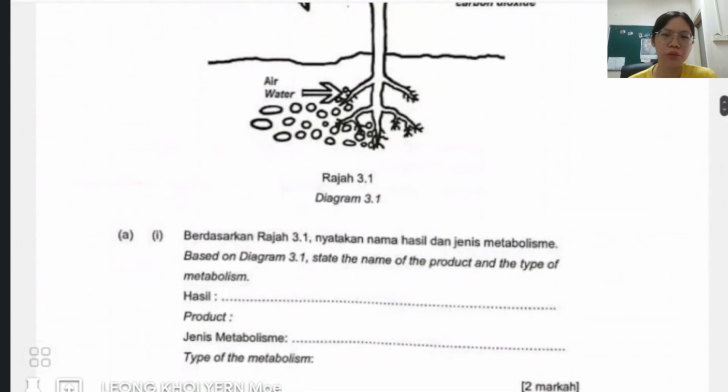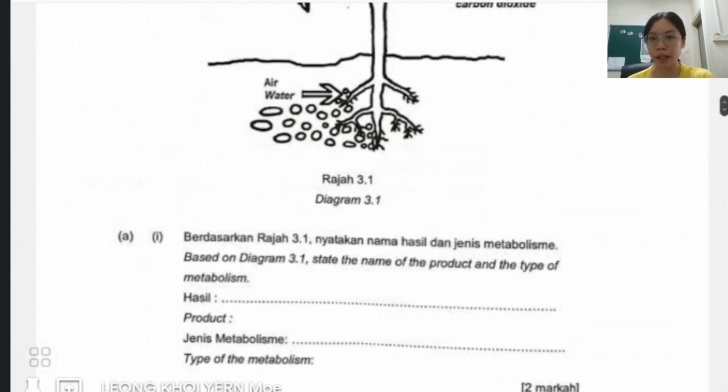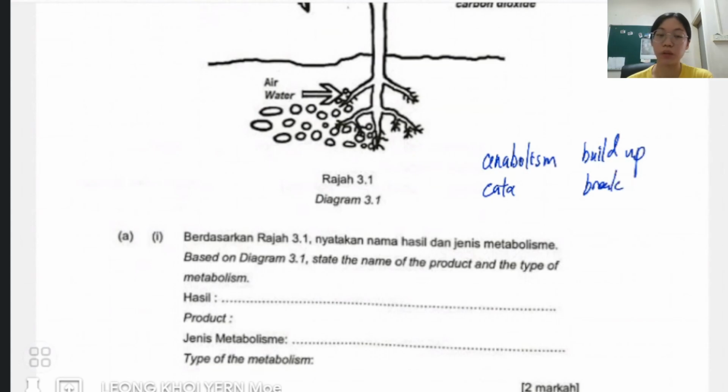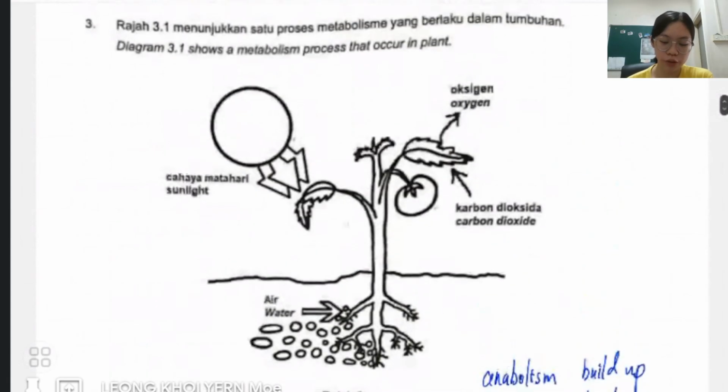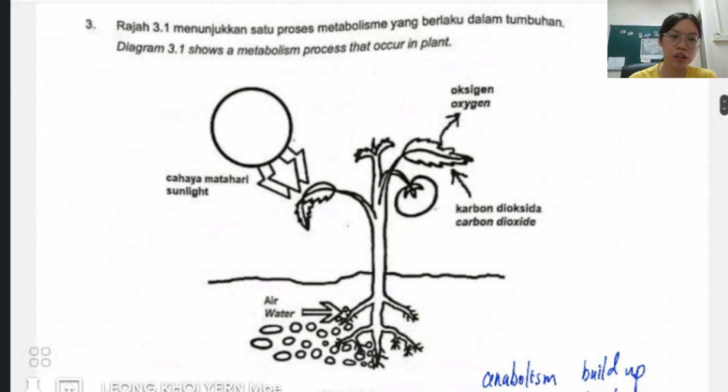There are 2 types: anabolism and catabolism. Anabolism is the one that builds up or synthesizes a complex substance. Catabolism is the one that breaks down the complex substance into simple substances. So do you think this one is building up or breaking down?